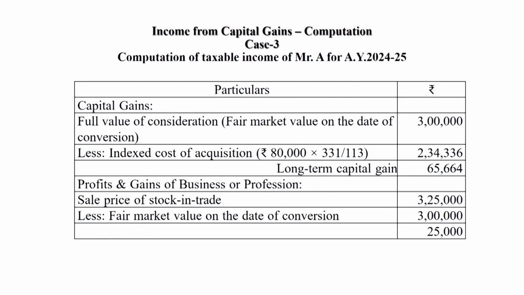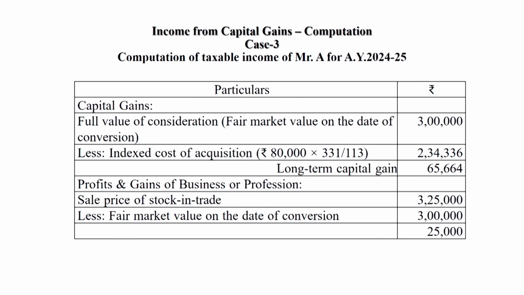So the indexed cost of acquisition is rupees 2,34,336, and the long term capital gain will be 65,664. Next, when the land is converted into stock in trade, the sale will be treated under the head of income from business and profession.